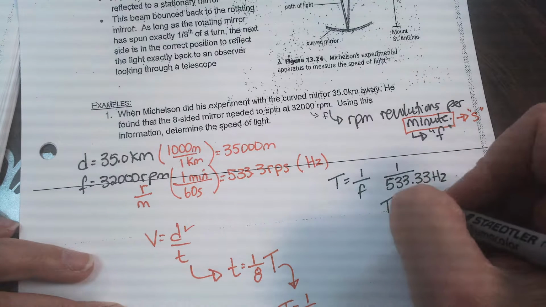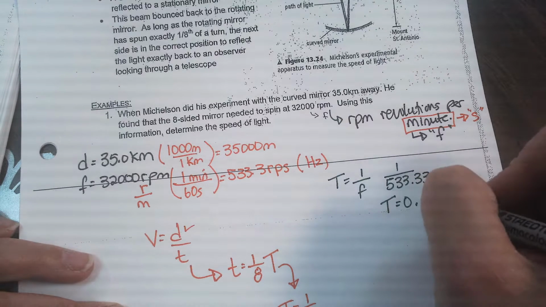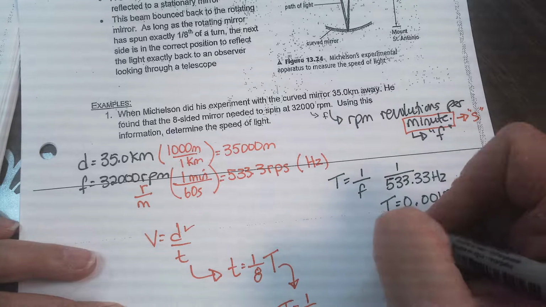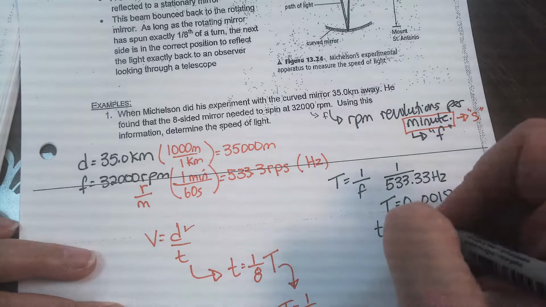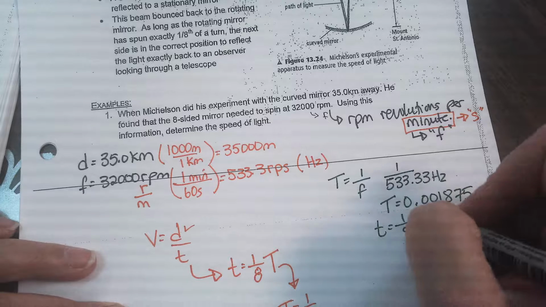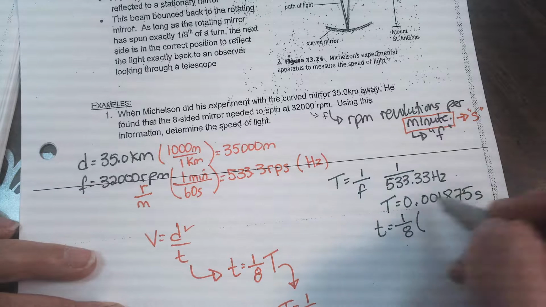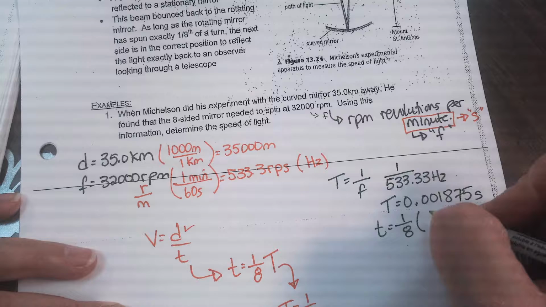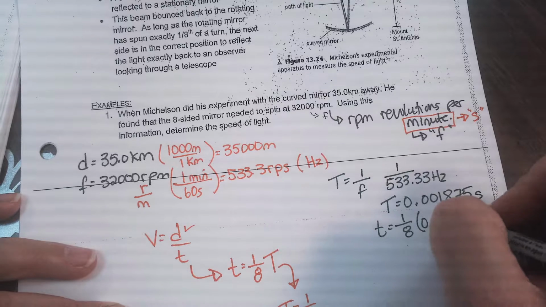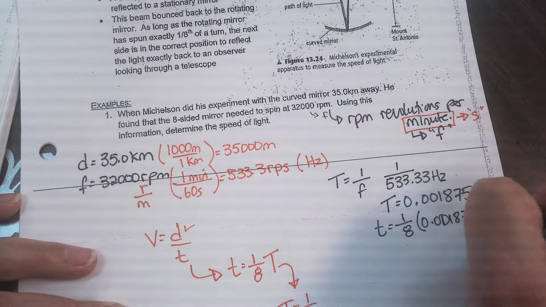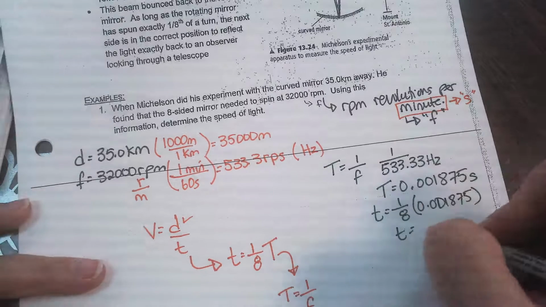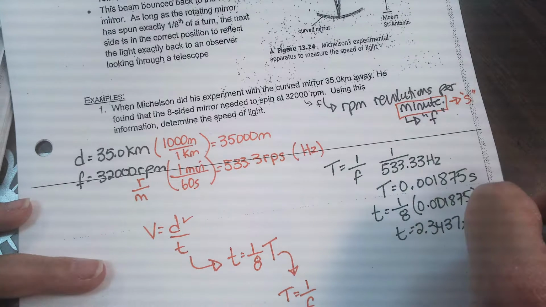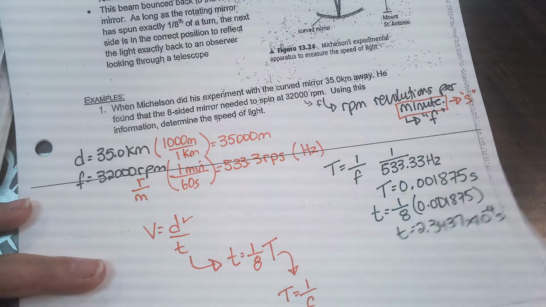Our period is going to be equal to 0.001875 seconds. Time is going to be 1/8 of that, because this is the whole revolution. I need 1/8 of that revolution. And so we get 2.3437 times 10 to the negative 4 seconds.